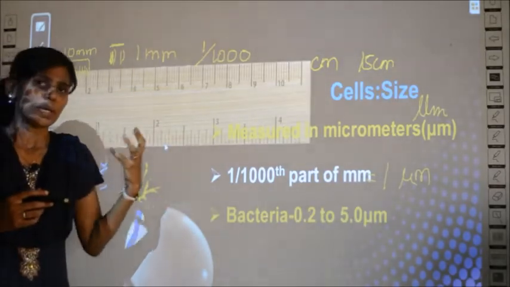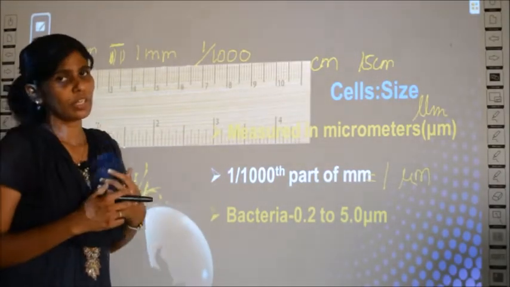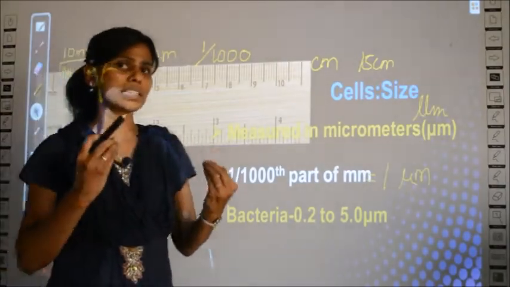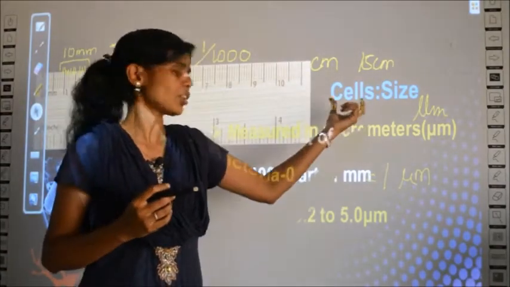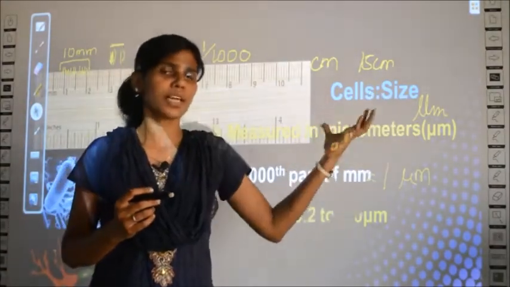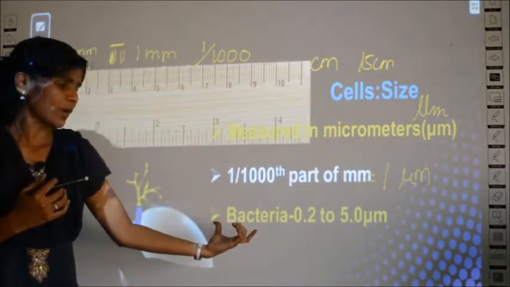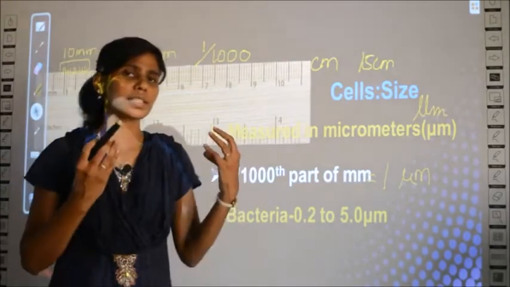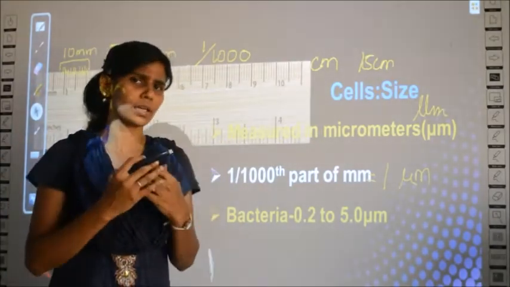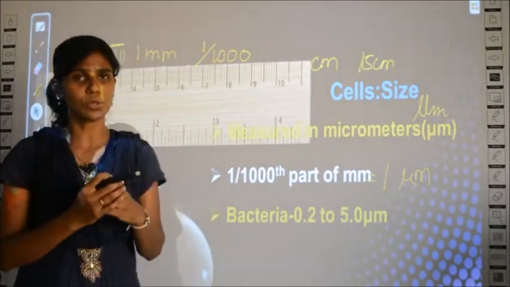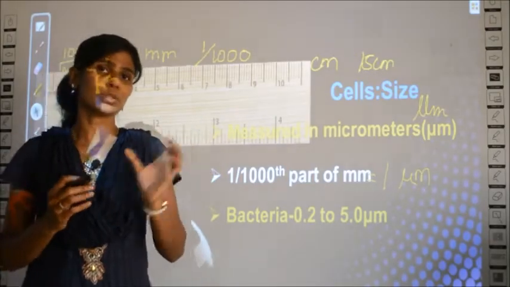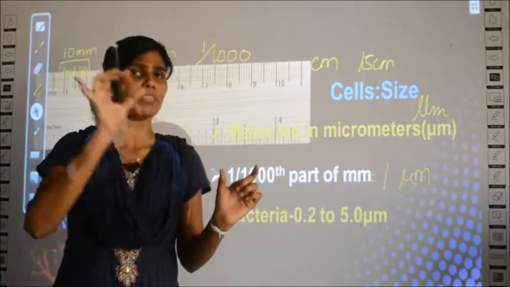Then there are 3 examples given in your text. Examples of size, because the topic is cell size. The sizes of 3 organisms are given in your textbook. The first one is bacteria. What is the average size of bacteria? Each bacterium may differ in size, so they give only a lower limit and an upper limit.